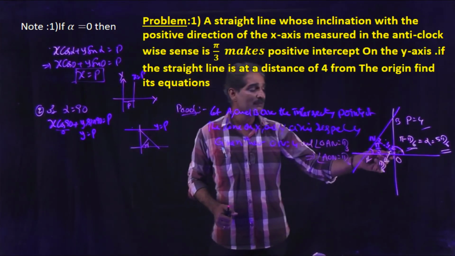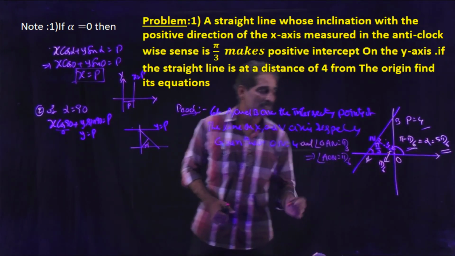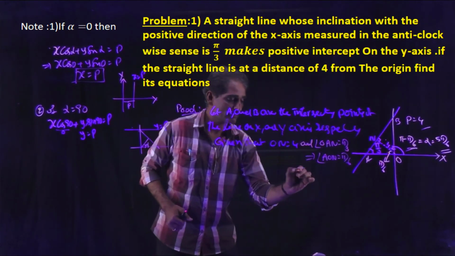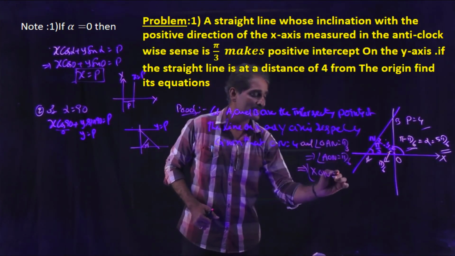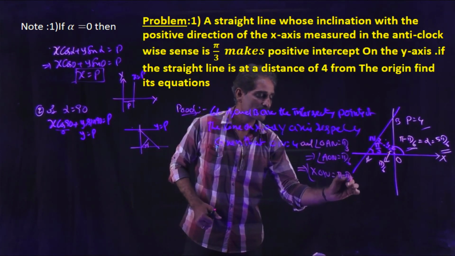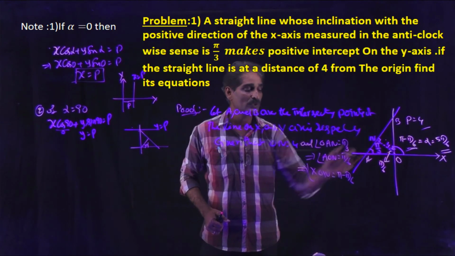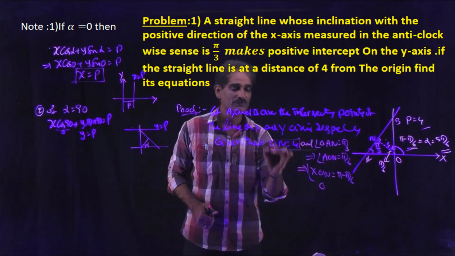Therefore, the angle made by this normal with the x-axis, angle XON, is equal to pi minus pi by 6. So now this is alpha, and the length ON is equal to p units, and ON is equal to 4 units.